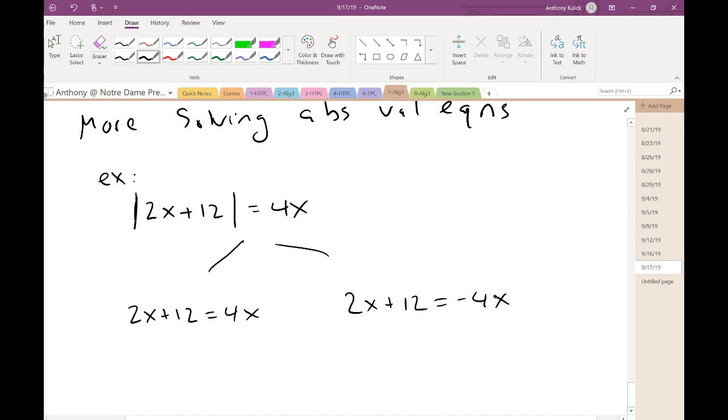Everybody happy with that? Nothing surprising here. So to solve this, what should I do next? Yeah, subtract 2x from both sides will be good.